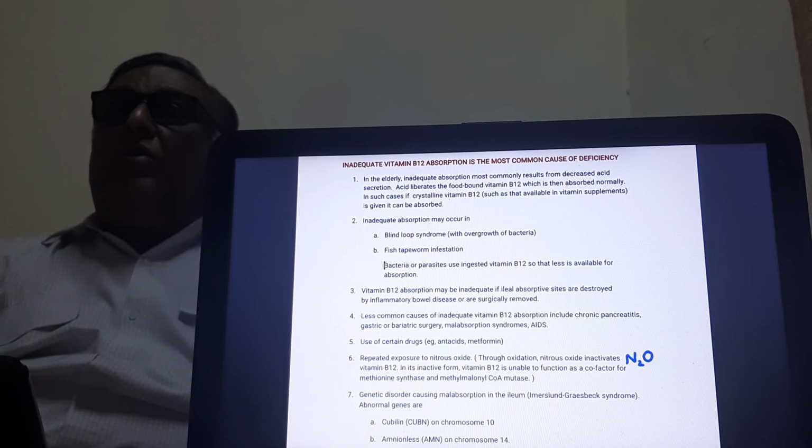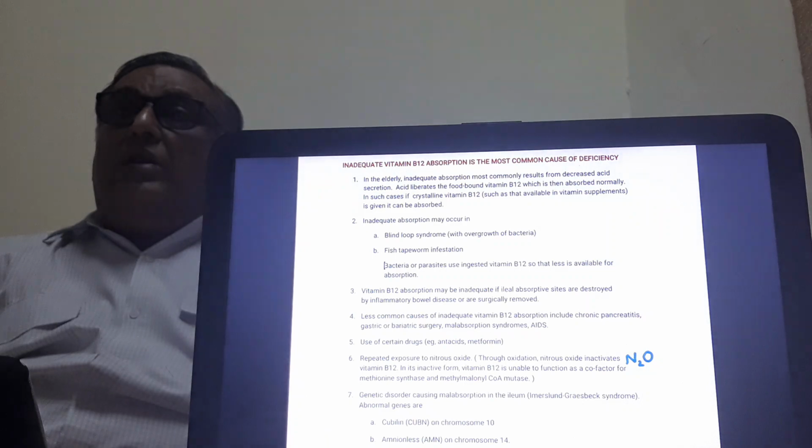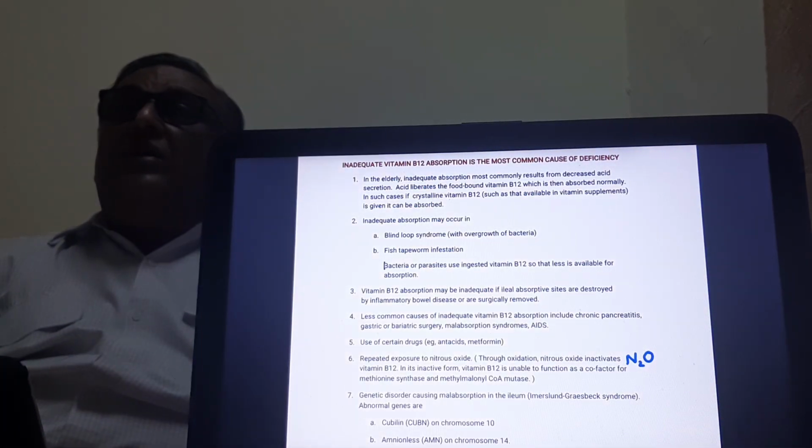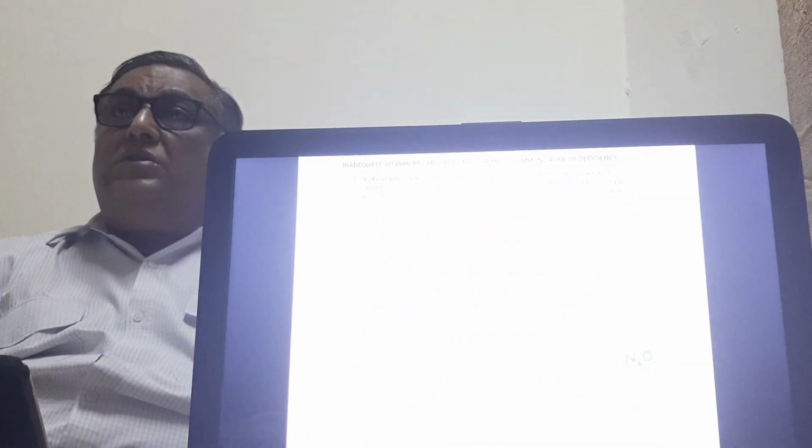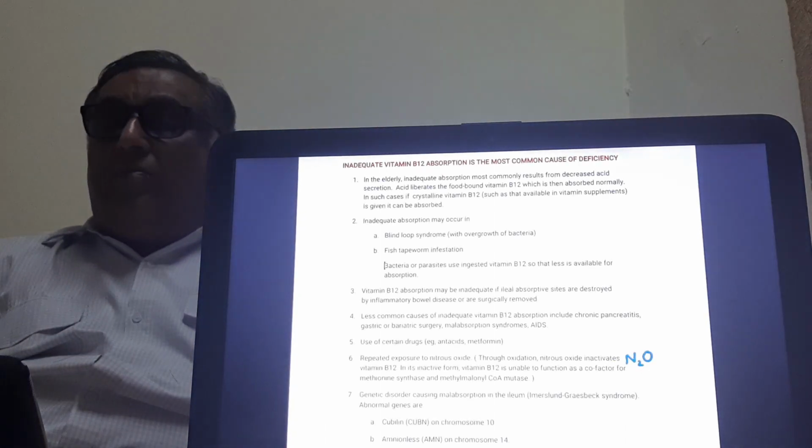Here also the problem can occur, that the ileal surface is not available for absorption. This can occur in diffuse diseases of the ileum, like tuberculosis of the ileum and Crohn's disease. So there can be a problem here also.